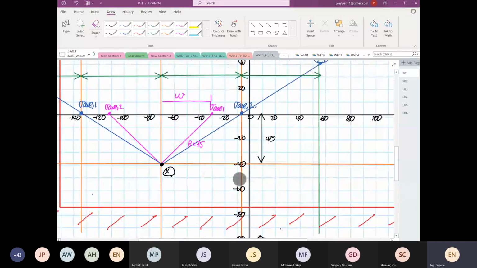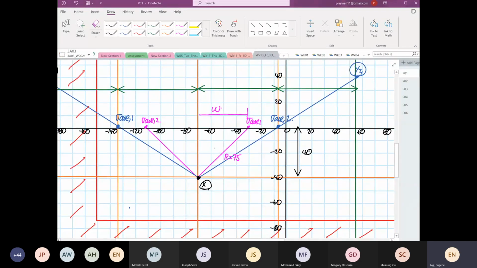Now someone asked me, what is the pink over here? It's just a sketch of what I intend to carry out, to visualize what we're going to do.